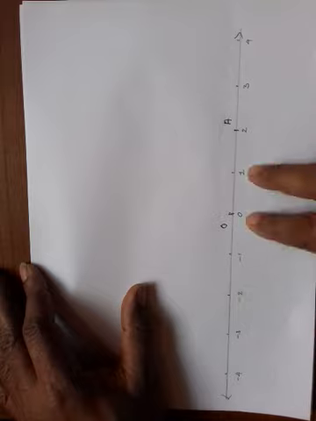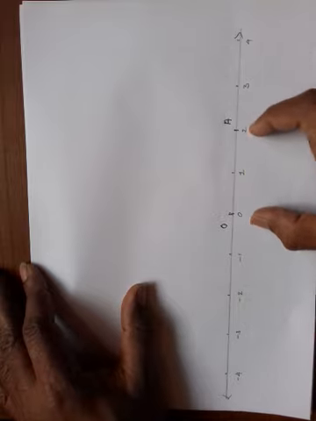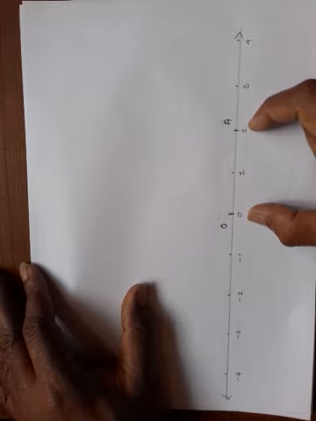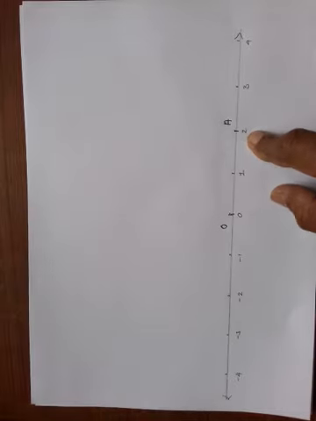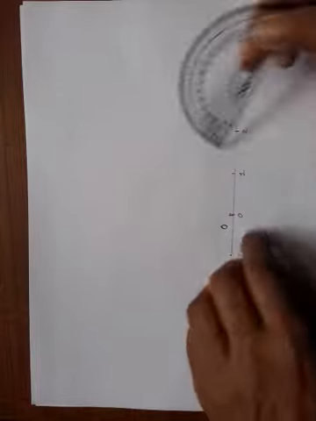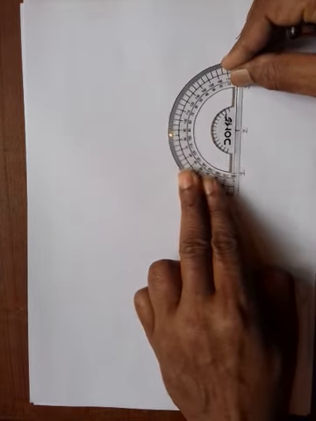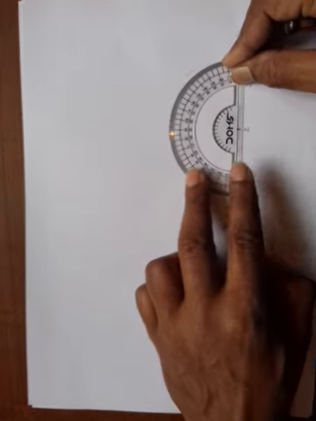There we considered 1, now I consider 2 units. At A, I will draw a perpendicular equal to 1 unit.